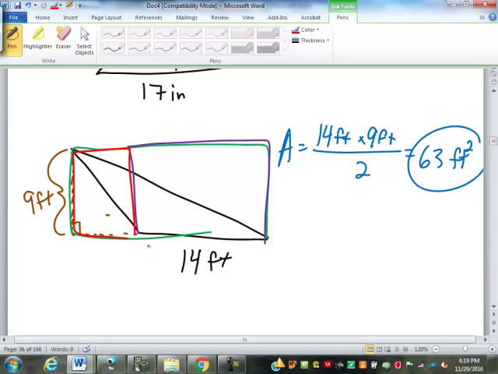Does that make sense? Well, the area of the triangle is half of the big green rectangle minus half of the little red rectangle, which is half of the purple rectangle. I know, it's kind of confusing. Anyway, just trust it's still base times height divided by 2.